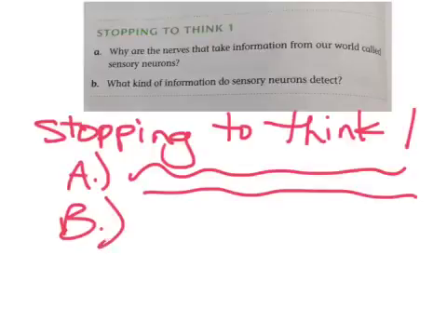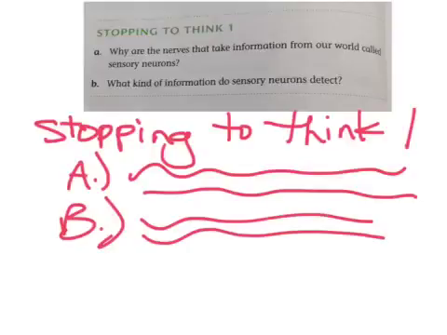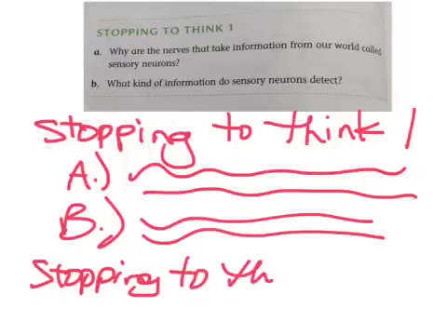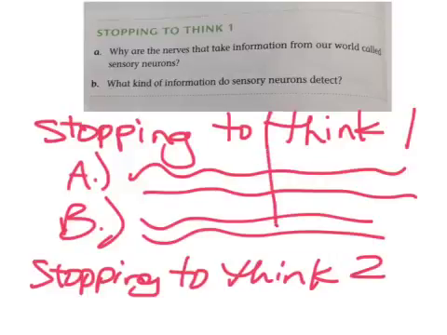Type in B, give your answer. And then on the next line, I would add stopping to think again for number 2 and do the exact same thing again. When you answer these, please try to keep them as organized as possible so when I go back and look, I can tell easily where your information is and how to access it.